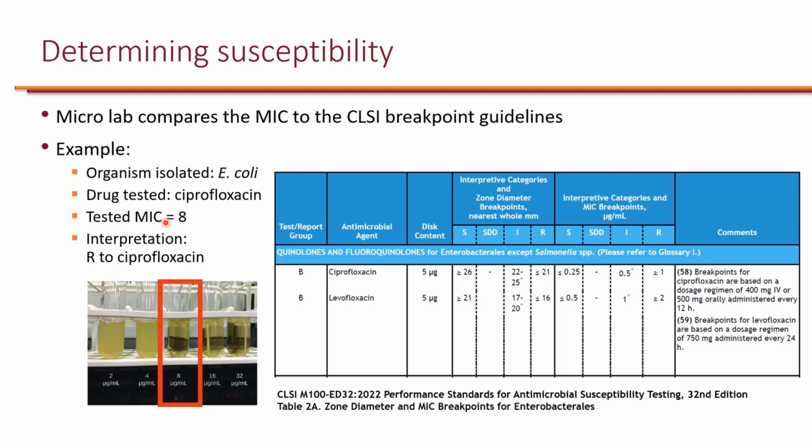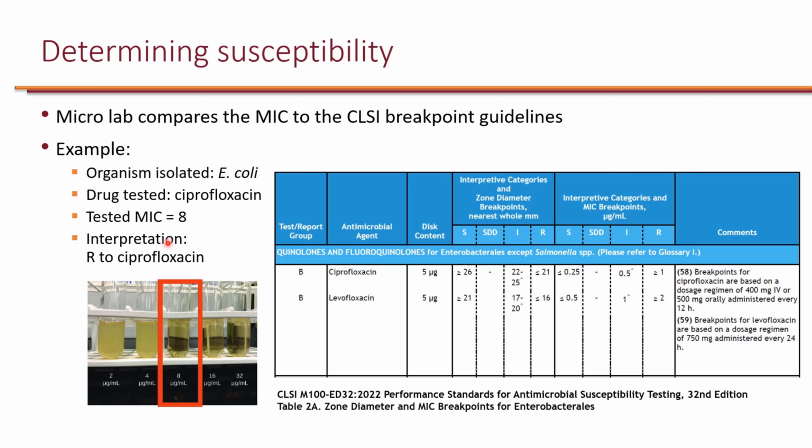So just knowing the MIC is 8 doesn't tell us whether we can use ciprofloxacin or not. What we need to do is interpret this MIC. In the CLSI document, I put a screenshot of the table here. You can see that for MIC, to be susceptible, it has to be less than or equal to 0.25, and anything greater than or equal to 1 is resistant.